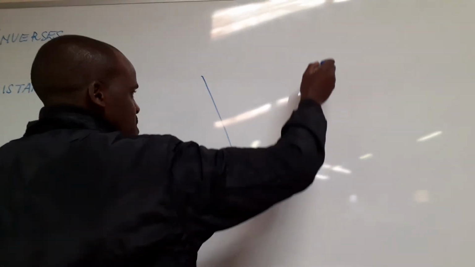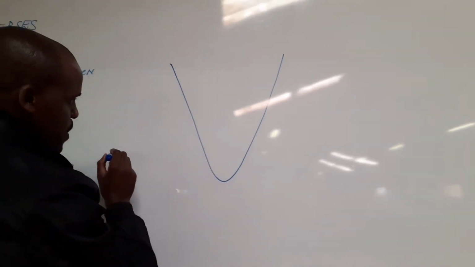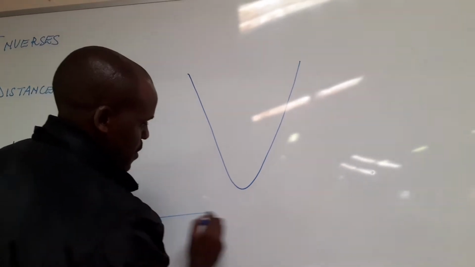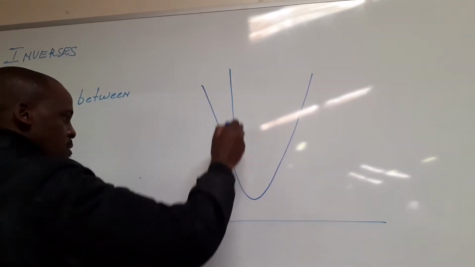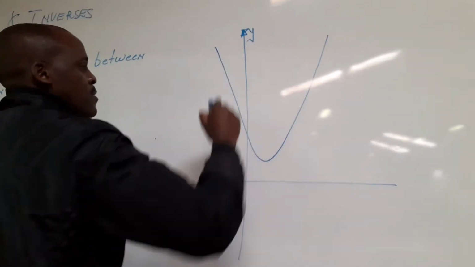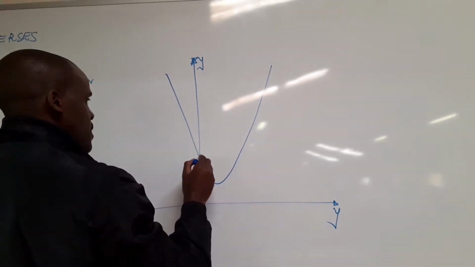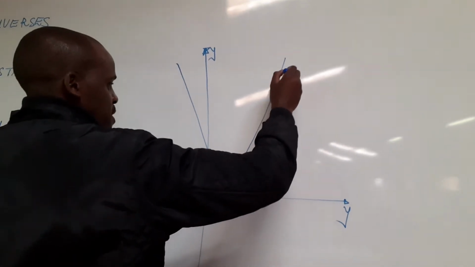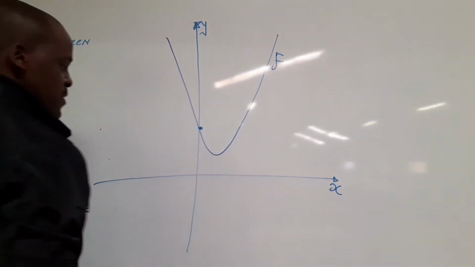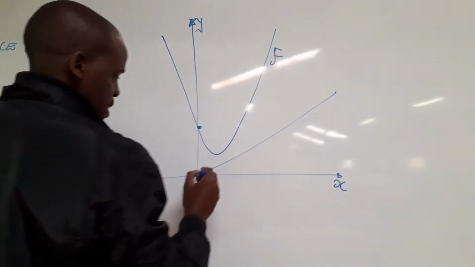Let's try to indicate this as a function. Right, let's say this is the function of f, and let's indicate a straight line there.